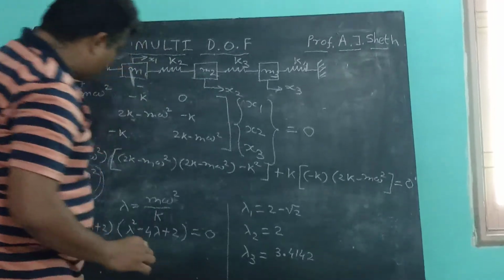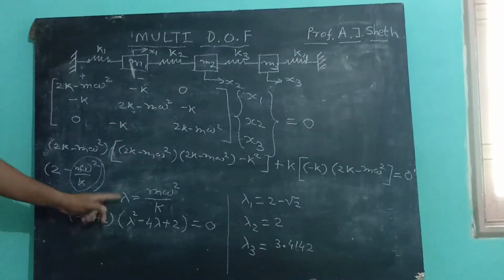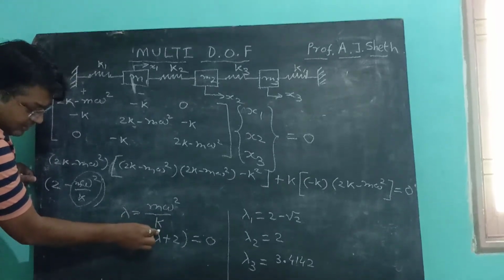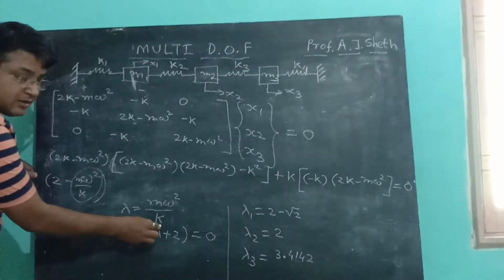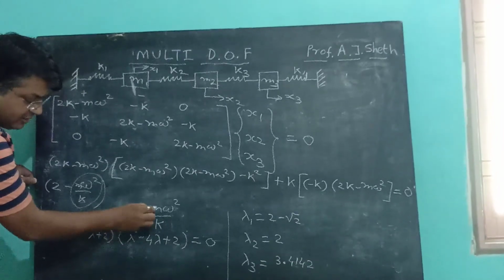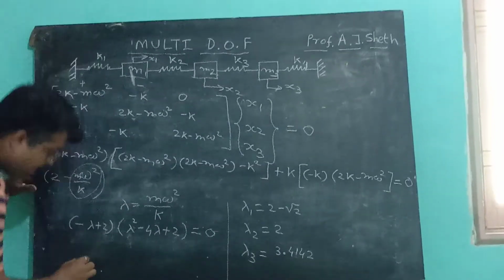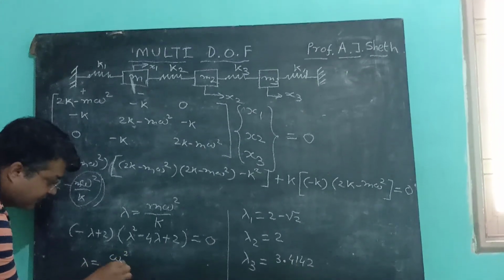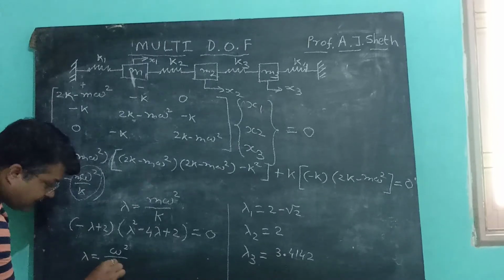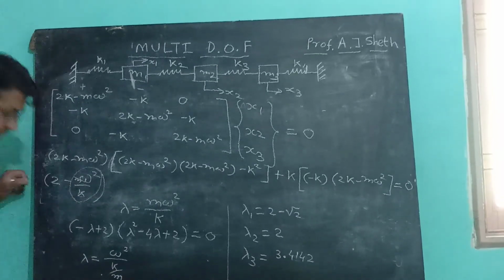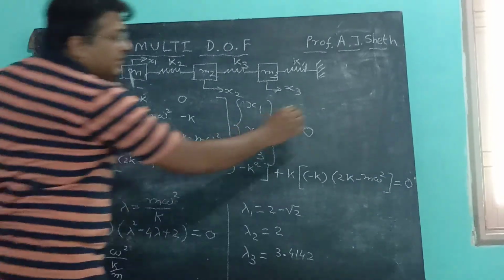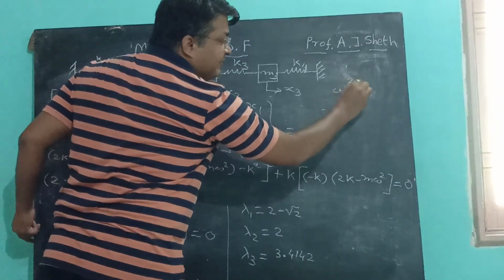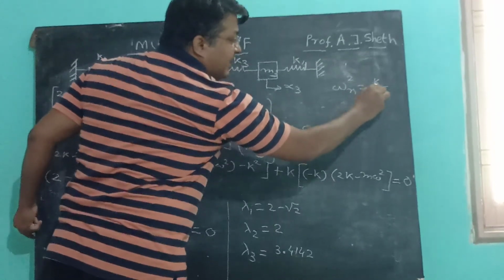So lambda, when k goes as a denominator of mass, is omega square by k by m, and natural frequency square is equal to k by m.